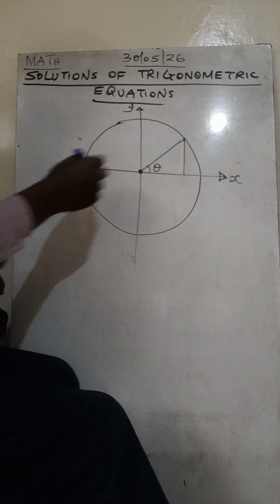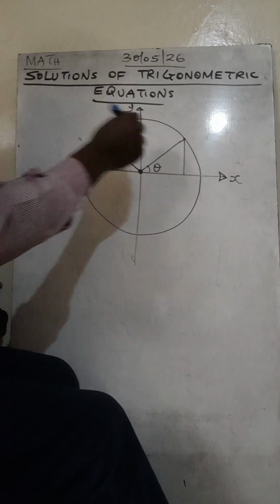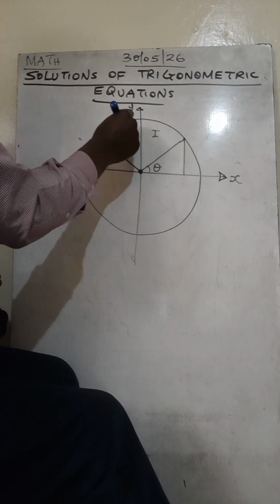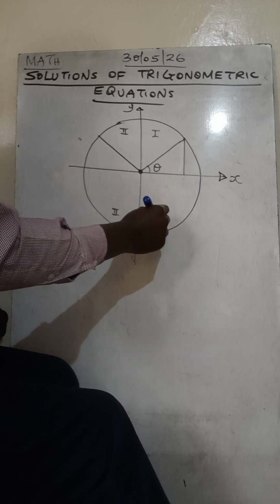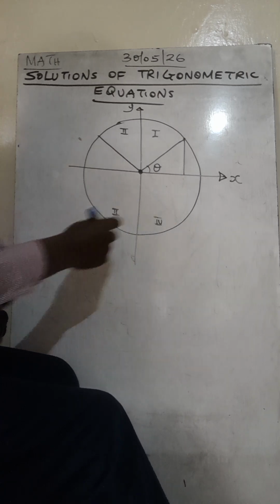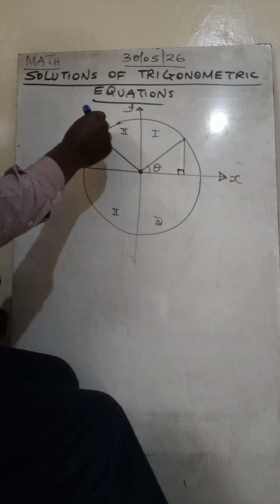So if we draw the same triangle in the second quadrant, this is quadrant 1, this is quadrant 2, this is quadrant 3, this is quadrant 4. So we want to draw the same right-angled triangle in the second quadrant.